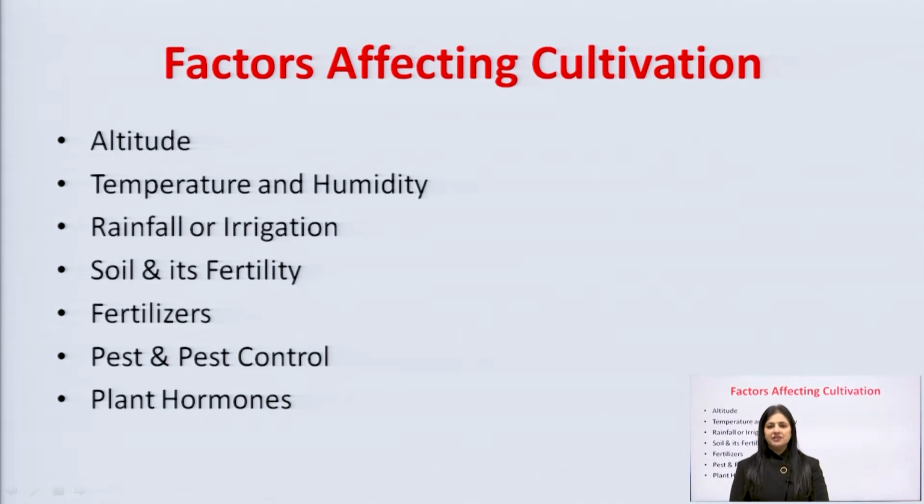Factors affecting cultivation include altitude, temperature and humidity, rainfall or irrigation, soil and its fertility, fertilizers, pest and pest control, and plant hormones. We will discuss all these factors one by one.